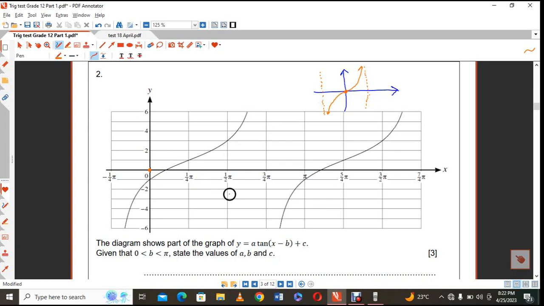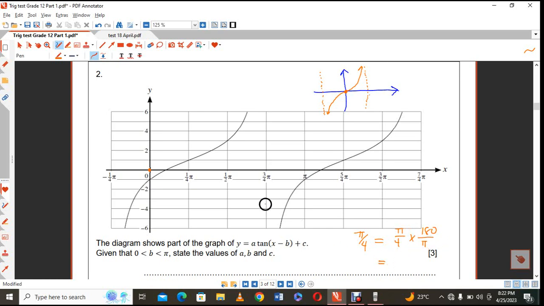So there are many things that you have to look at. So first, let's look at what is our value of b. If you look at this particular graph that is given to us, remember this here is pi upon 4, and for those who don't know how to convert it to degrees, you will say pi upon 4 times 180 over pi.